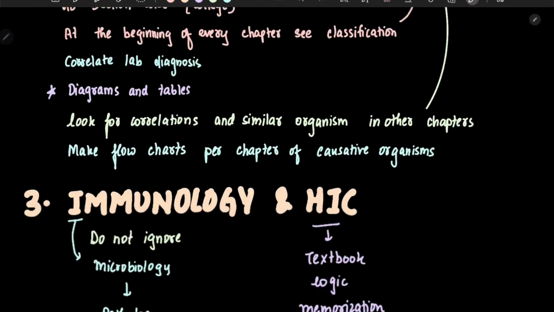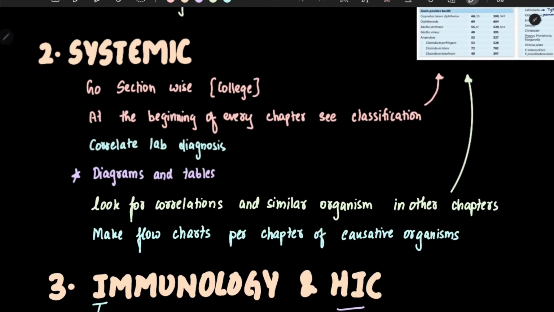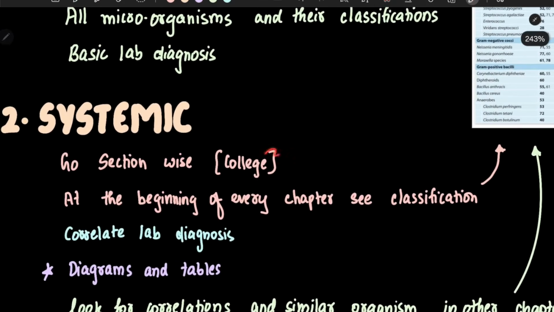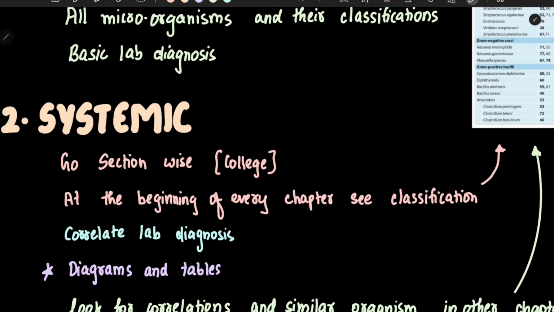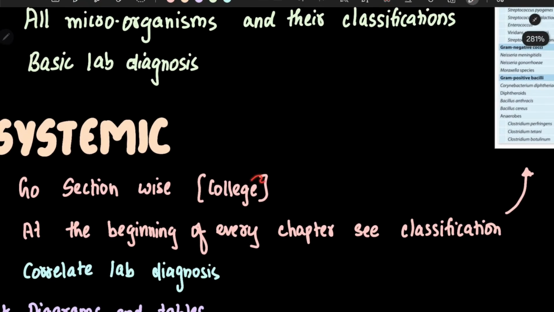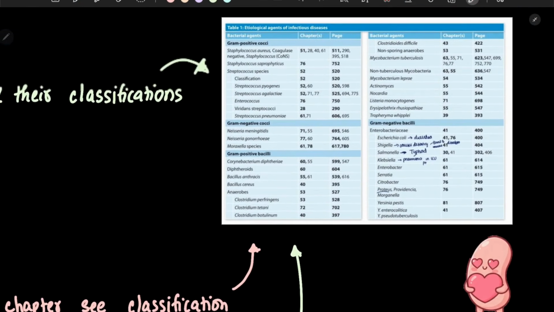Okay, let's start with systemic now that we are done with immunology and HIC. Next is your systemic. Your college will probably go section wise because according to the CBME curriculum, that is how it is. So go section wise like the college does, but at the beginning of every chapter, look at this classification.